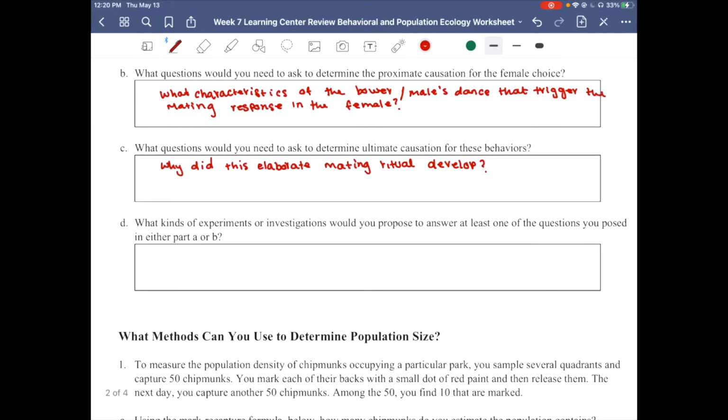All right, and then similarly for the last question, what kind of experiment could we do to get an answer to some of that question? So if we're looking at what characteristic of the environment triggers the male burrowers to build, maybe we can study, well, we can't study them in captivity because we know they don't exhibit that behavior.